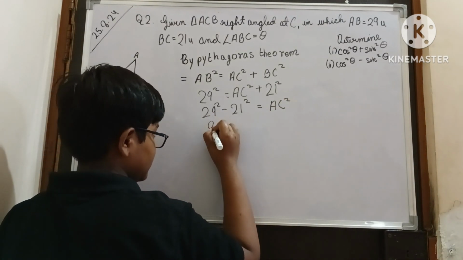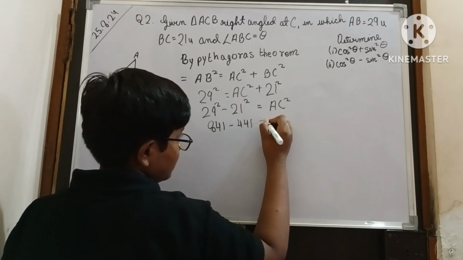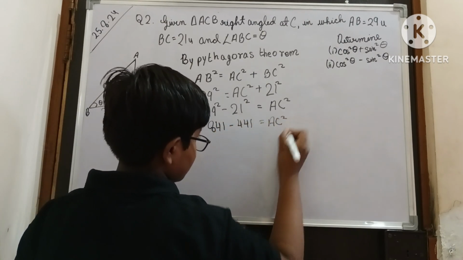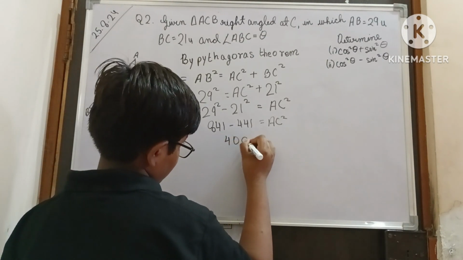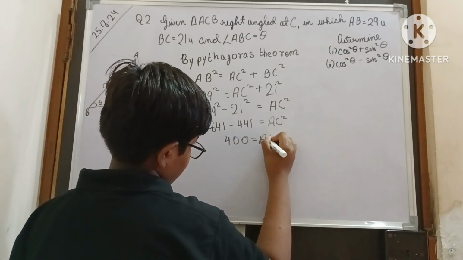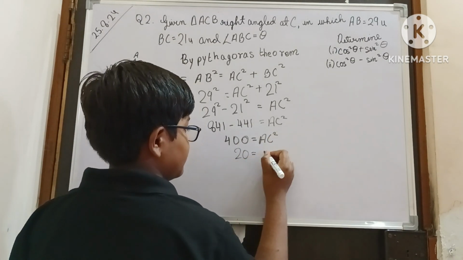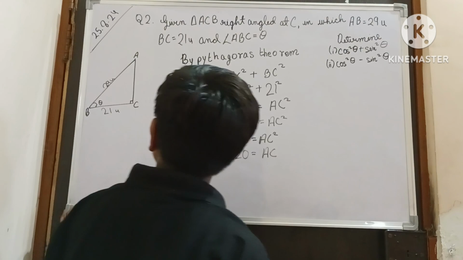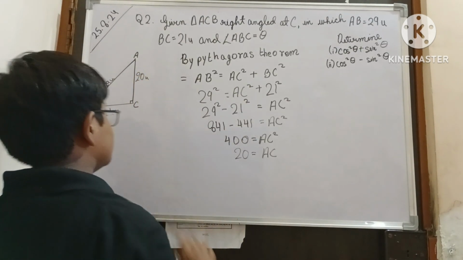So 29 square is 841, 21 square is 441, is equal to AC square. Now the value will become 400 of AC square. Now the value of AC will become 20. And here the 20 units.